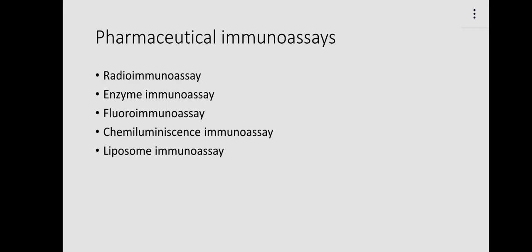So immunoassays that have pharmaceutical applications can be classified based on the type of labels that are used. Examples include radioimmunoassays, as we have outlined, enzyme immunoassays, colorimetric immunoassays, chemiluminescence immunoassay, and liposome immunoassay.